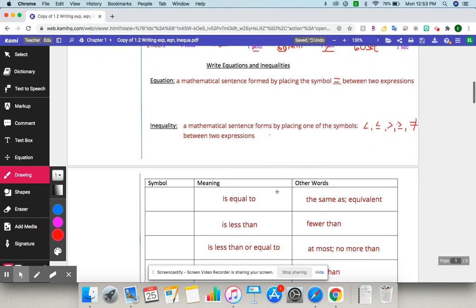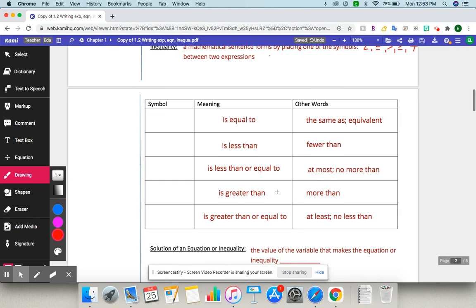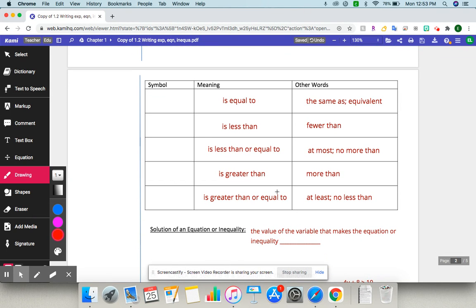Now, these symbols could have another way to express them. So in the center column is the meaning, but there might be other phrases we use to describe them as well. So the meaning is equal to could mean the same as, literally the phrase the same as or equivalent.